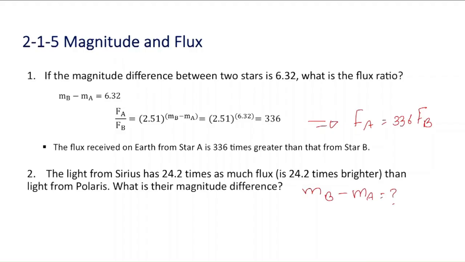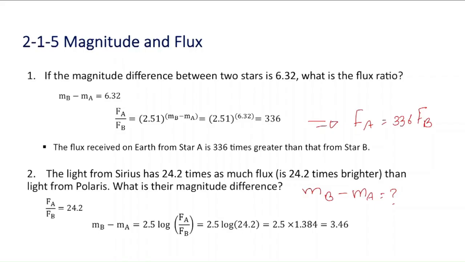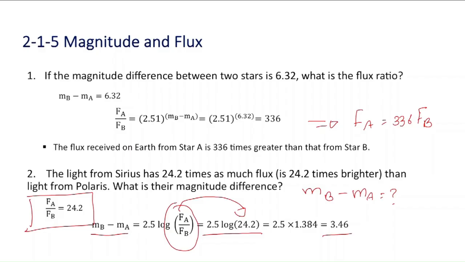And you have been given the flux ratio, Fa over Fb, which is equal to 24.2. So you can use this formula and plug in the numerical value for Fa over Fb, 24.2. And if you work out this logarithmic value, you should get the answer 3.46 magnitudes. So that means Sirius is 3.46 magnitudes brighter than Polaris.